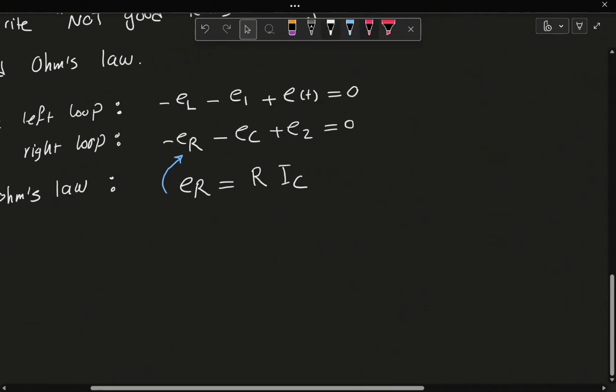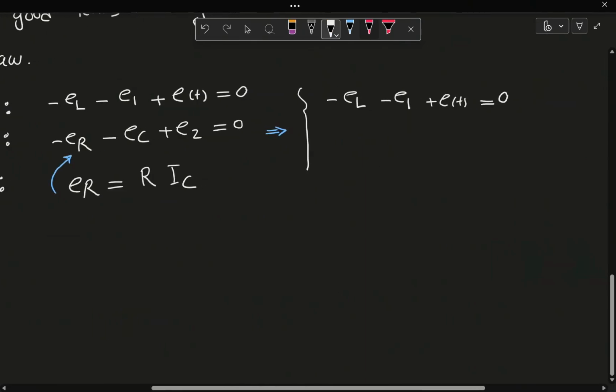And if you do that, you will end up with these: negative EL, negative E1 plus E equal to 0, and negative R IC, negative EC plus E2 equal to 0. Yes? Okay.